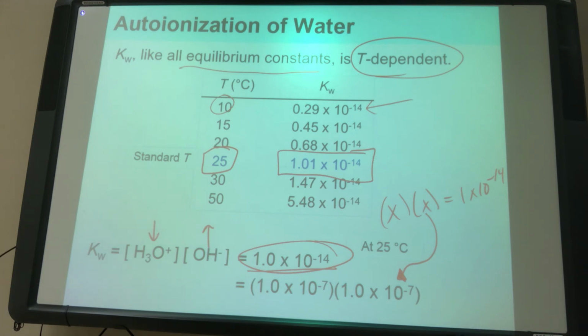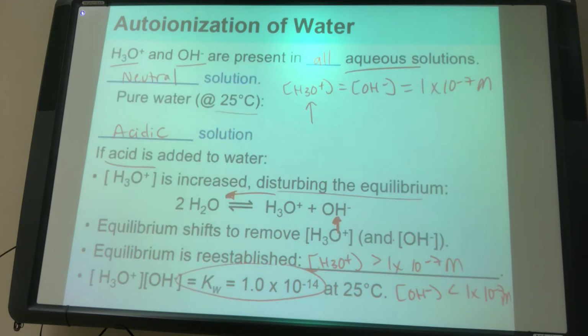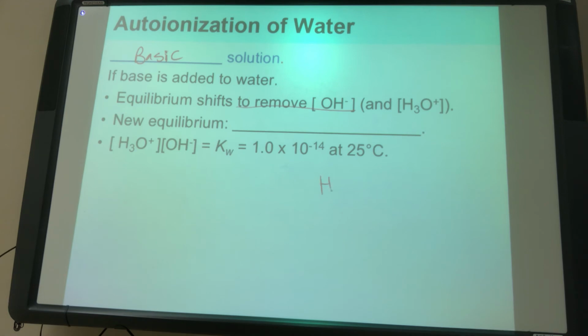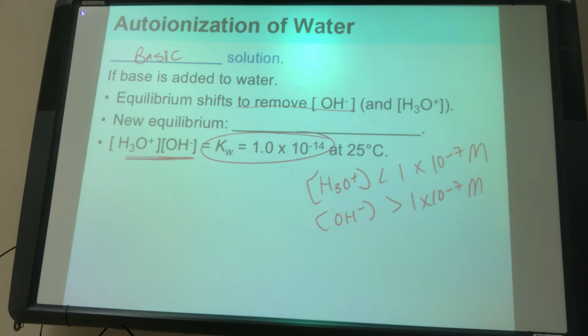So now I'm going to have more OH- than what it would be in neutral, and less H3O+. So the OH- has to be more than what it normally would be, and the H3O+ has to be less than what it would normally be. Because when they multiply together, it always has to equal the same number. So they have to work together.